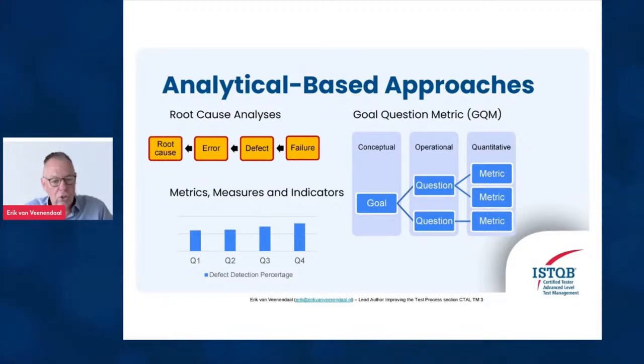Measures is the real number, and indicator, what does it mean in a context? And finally, we also introduce GQM, the goal, question, metric approach, which is about how do we find the right metrics. We have knowledge goals, we have improvement goals, all these things we will cover in the course to give you an overview.